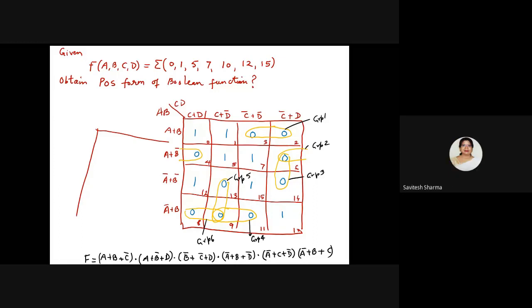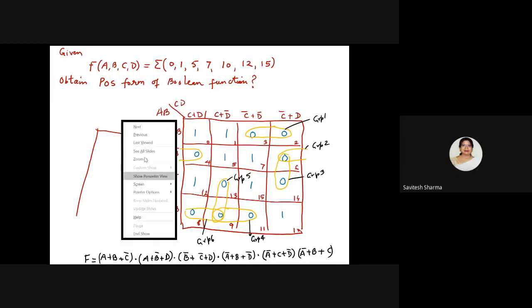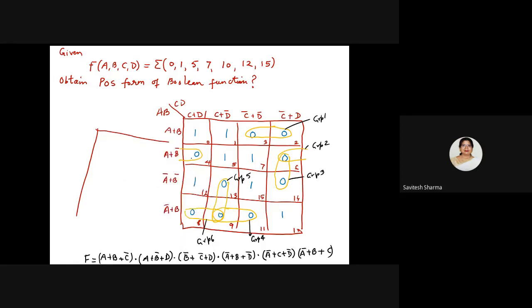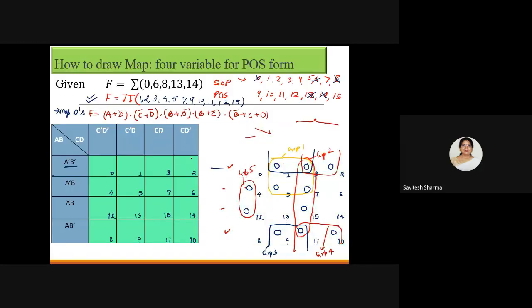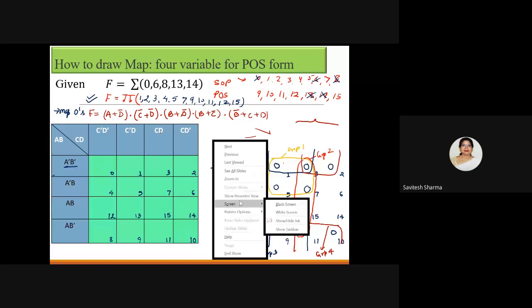One more example. Okay. So this time I will take the example. Let's say 3 variables, so that concept I think is clear to you. So this time I am making some changes. I am taking a problem of 3 variables.